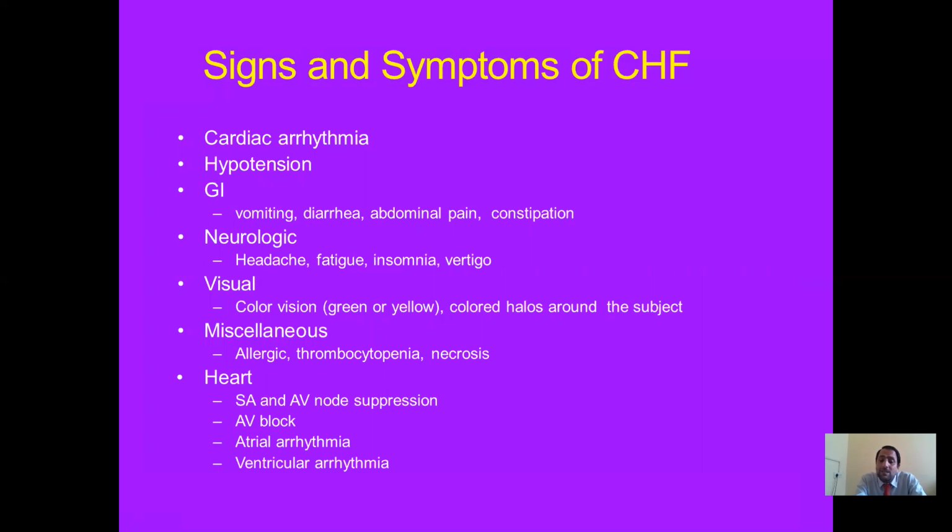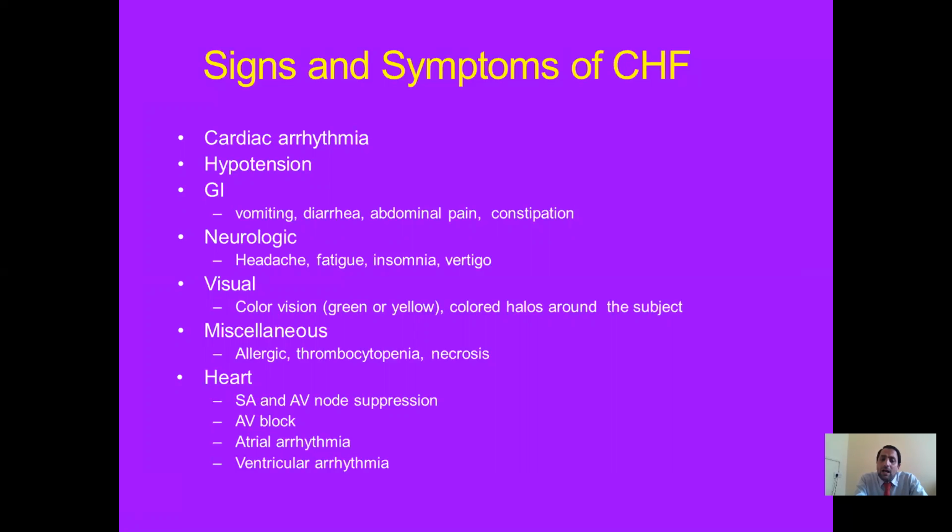Second, signs and symptoms in the heart: it causes cardiac arrhythmias, hypotension. If we talk about GI, it causes vomiting, diarrhea, abdominal pain, constipation. Neurological signs and symptoms include headache, fatigue, insomnia, vertigo.